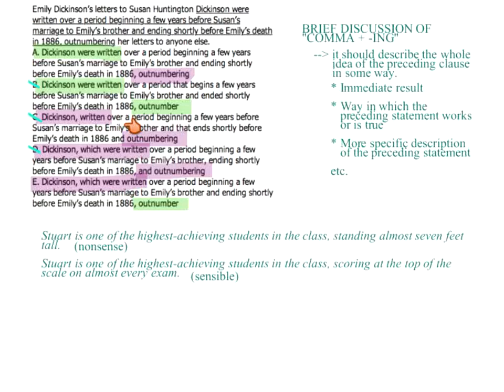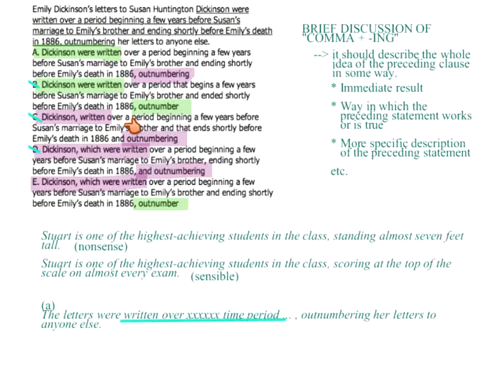The problem with choice A is that it's like the first sentence here. Choice A is saying the letters were written over a certain time period, comma, outnumbering her letters to anyone else. The problem is that this doesn't describe this.